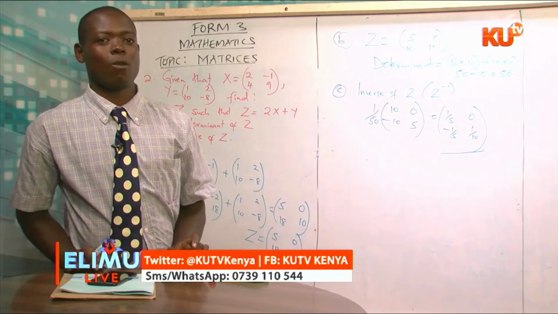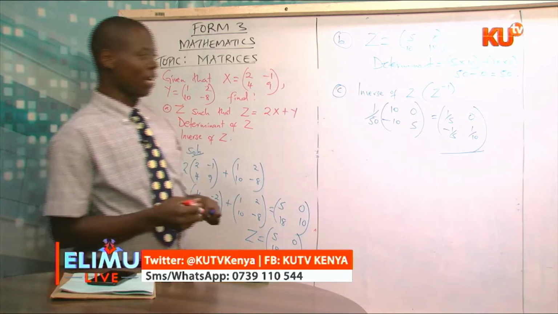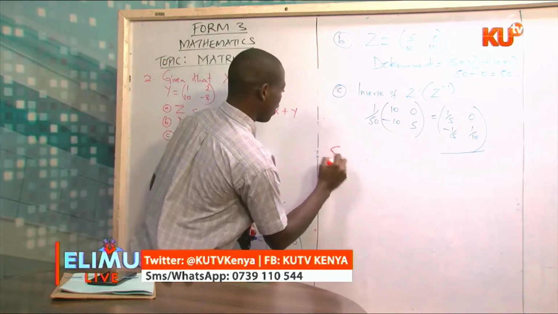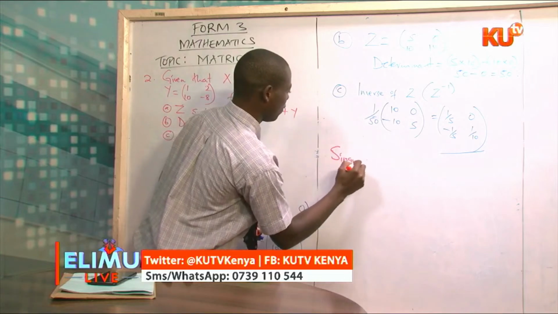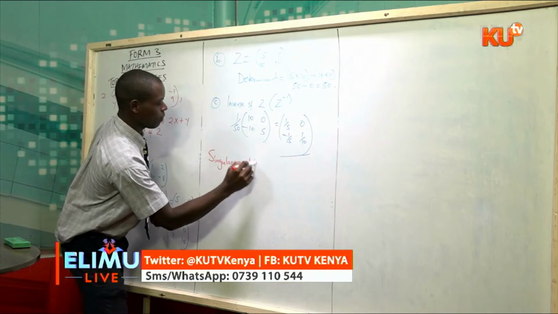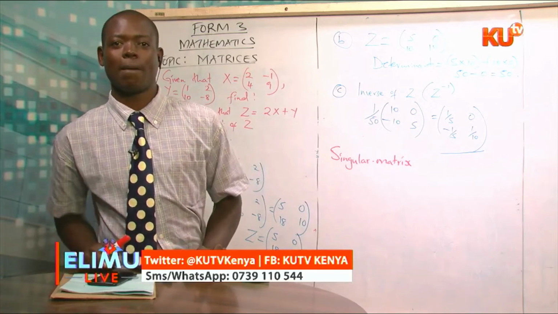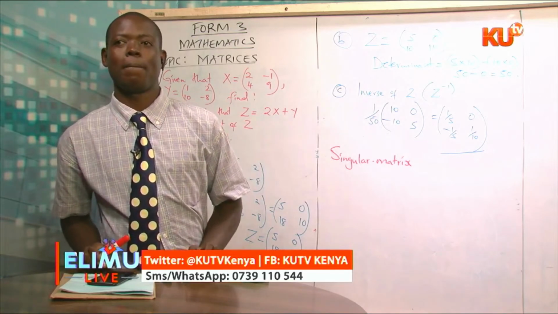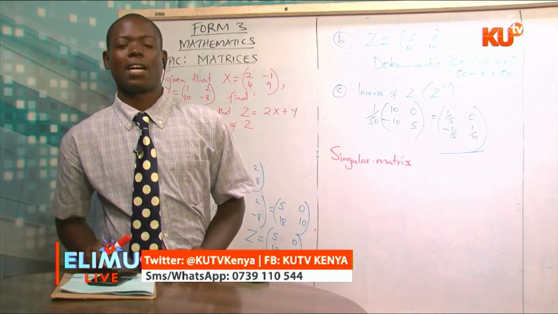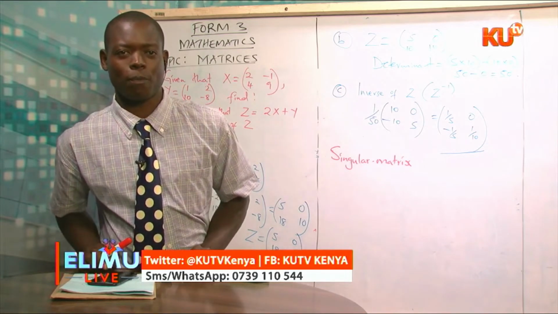Again, students, I will take you back to where we mentioned the word singular matrix and add something to that statement. When you're explaining a singular matrix after discussing the concept of determinant, we say that a singular matrix is a matrix whose determinant is 0.